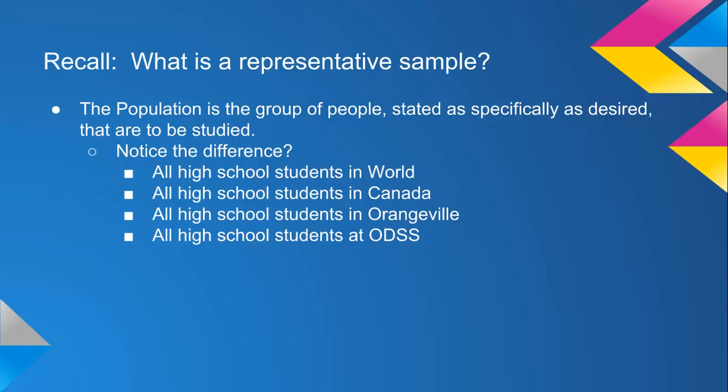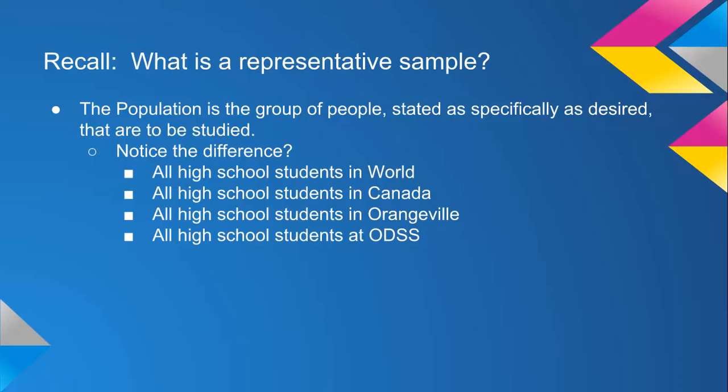You can survey people on the internet, but how are you going to make sure the voices across the world are heard? My guess is if you want to sample all high school students in Canada, you're probably not going to get a good representation. You're going to miss people. You're going to miss voices. If you want all high school students in Orangeville, you have to look at the high school students in Orangeville, including the different high schools, and the people that don't go to high school in Orangeville but go to high school just outside.